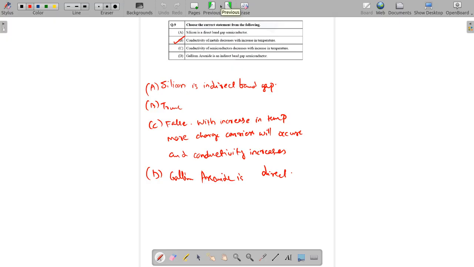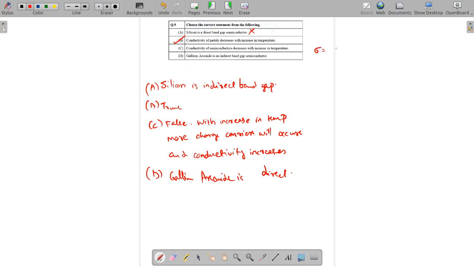Okay, next one. This is just to pick up what is the correct statement. So silicon is a direct band semiconductor, which is not true. Silicon is an indirect band gap semiconductor. So this is not true. Conductivity of metals decreases with increase in temperature, which is true.